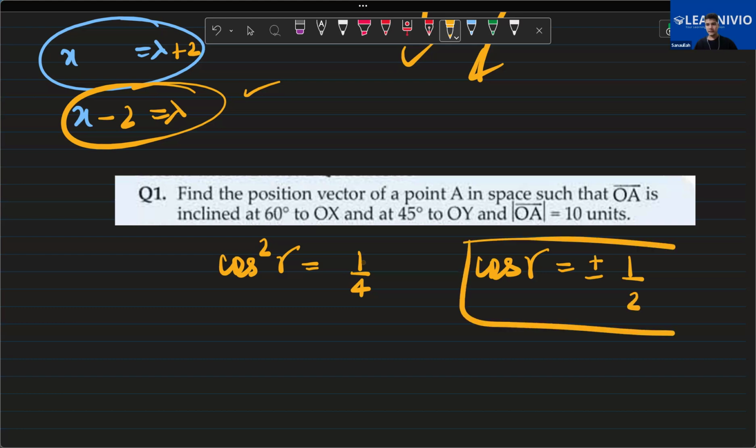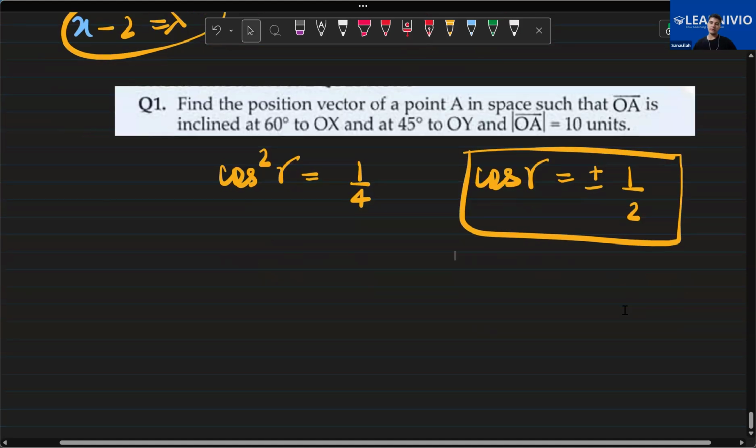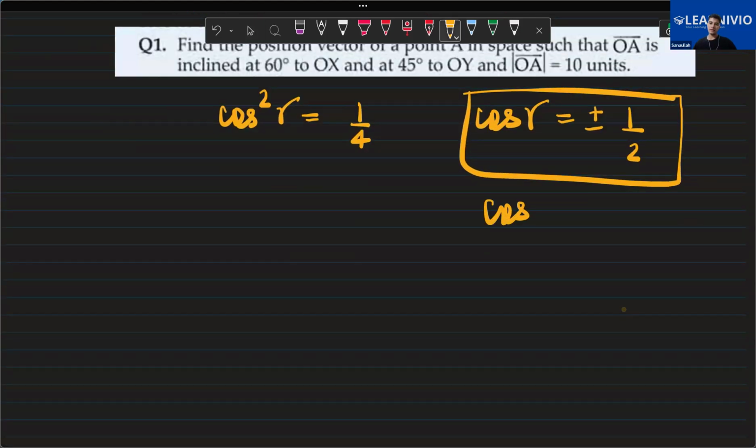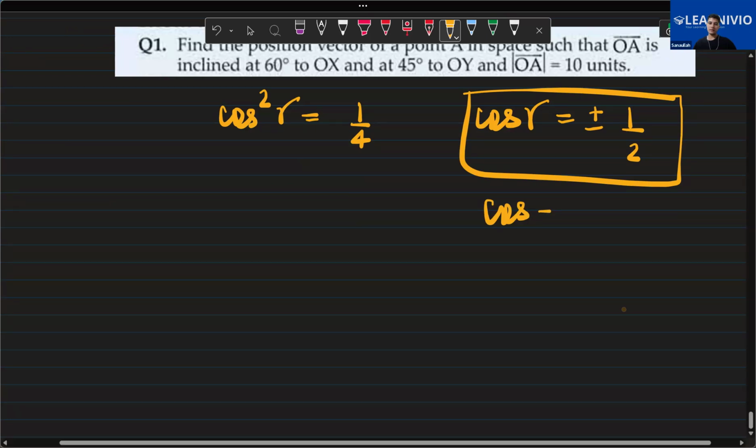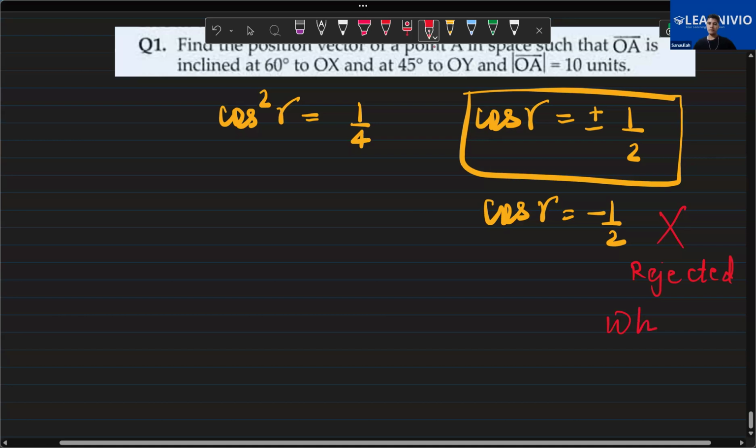So can anyone tell me why you have not taken minus 1 by 2? Why have you rejected this cos gamma equal to minus 1 by 2? Why is this rejected? Why? Give me the reason.